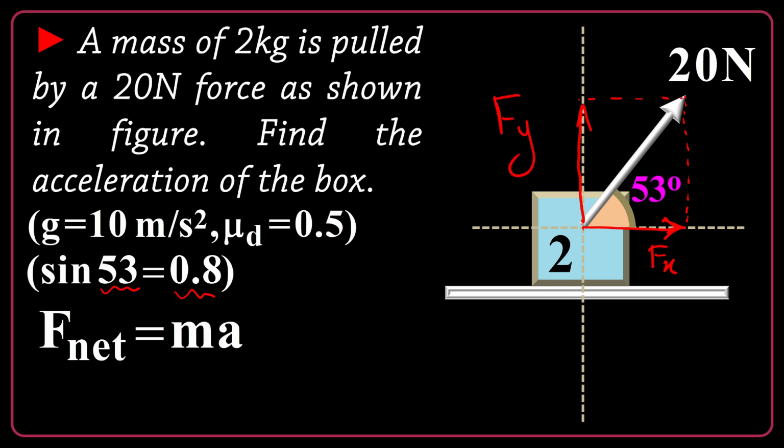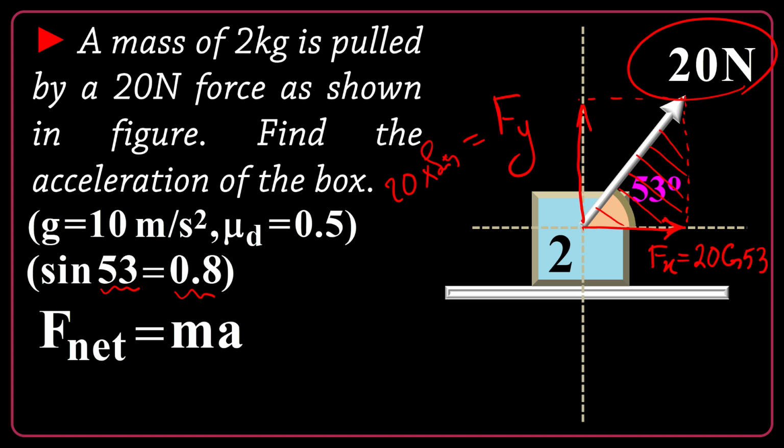Fx is 20 times cosine of 53, because in this right triangle, Fx is the horizontal component. Actually, 20 is the hypotenuse of this right triangle, and Fx is the base of this triangle. So it's hypotenuse times cosine of 53. Fy accordingly will be 20 times sine of 53.